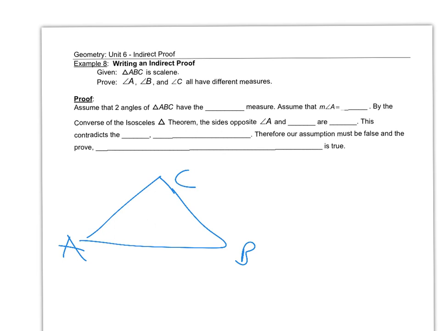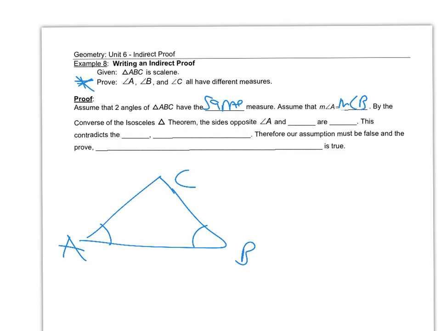So we have to assume the negation of our proof. So we have to assume that two angles of triangle ABC have the same measure. So I'm going to assume that measure of angle A equals the measure of angle B. So I'm going to put arc marks on A and arc marks on B.